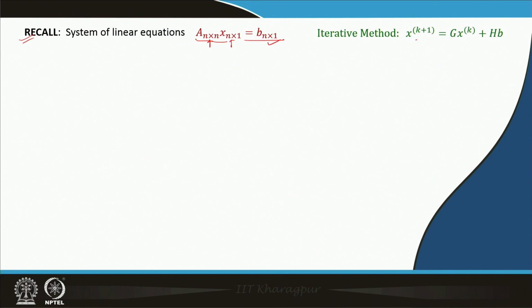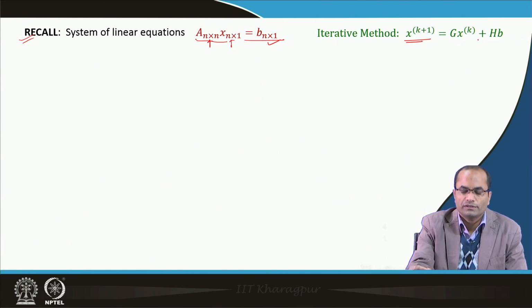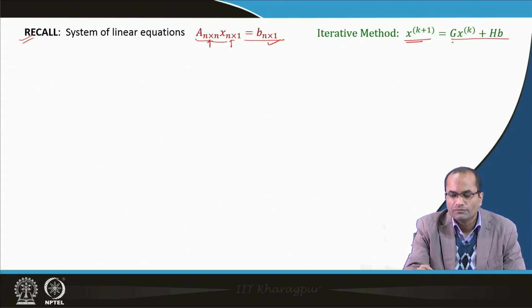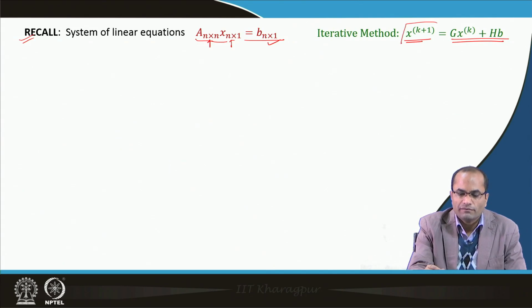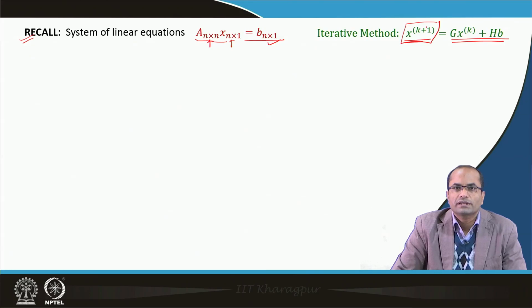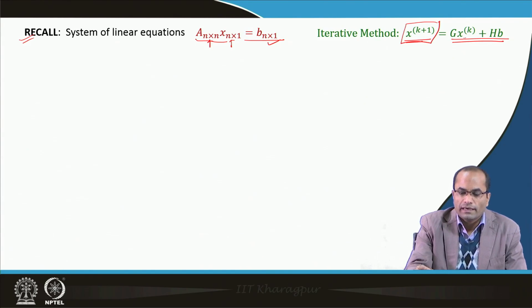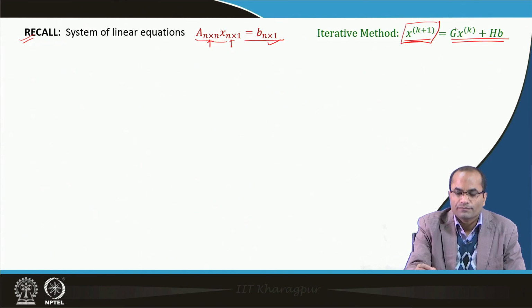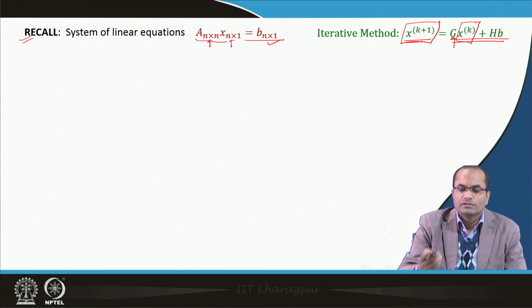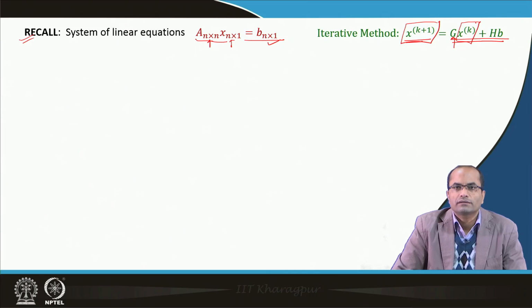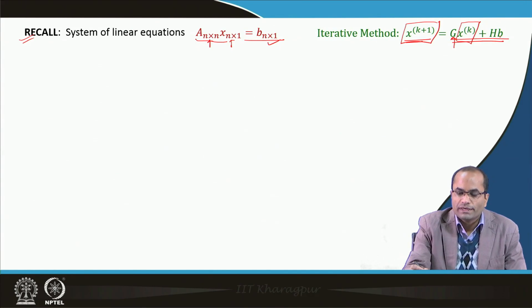In that case, the general idea of an iterative method is to have such a general form where on the left hand side we have x evaluated after the k plus 1th iteration, and on the right hand side we have G, which is called the iteration matrix, times x k, the vector used at the kth iteration, and then we have some other matrix H times b.